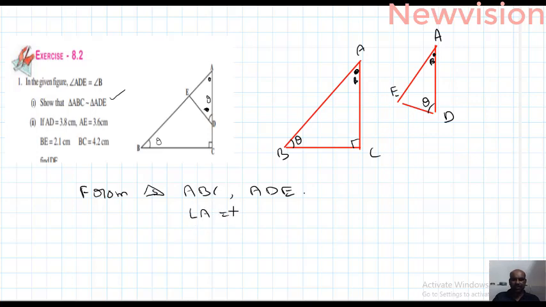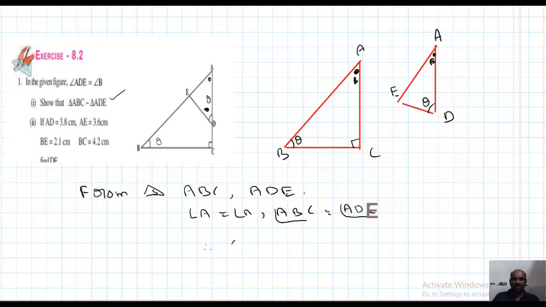Angle A equal to angle A, comma, angle ABC equal to angle ADE. So they are similar. Therefore, triangle ABC is similar to triangle ADE by AA similarity.